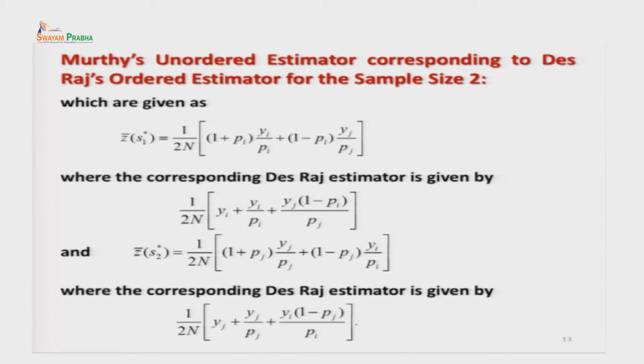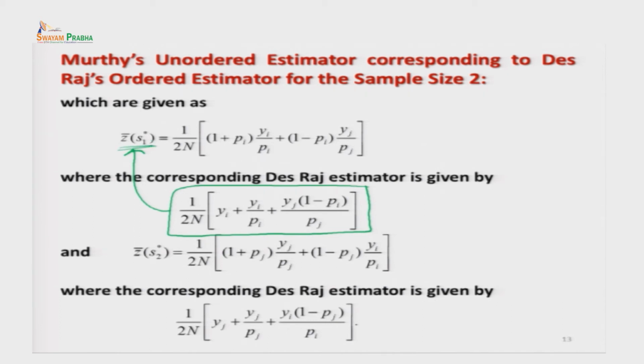If you remember, the Des Raj estimator's form was given like this. Now I consider this form to construct my Z, and I denote it here as Z bar S1 star.